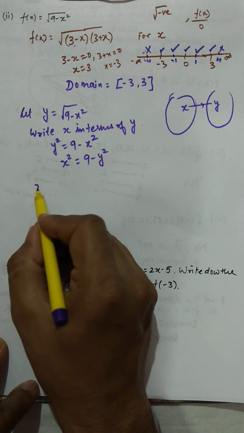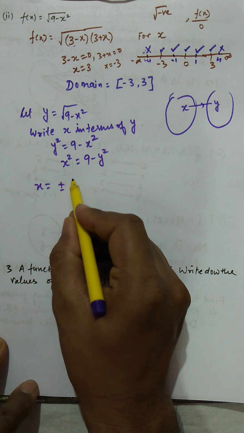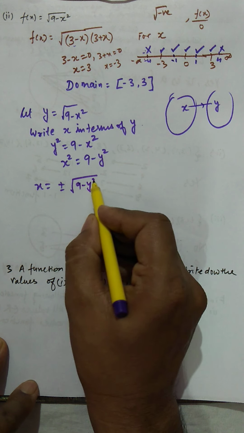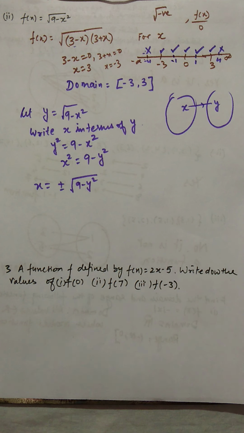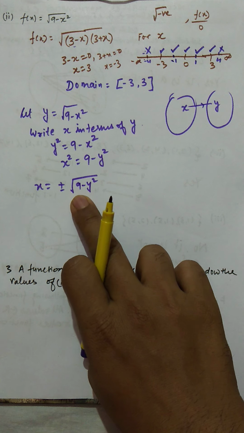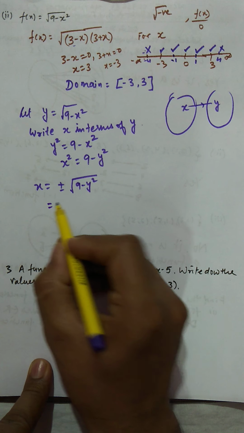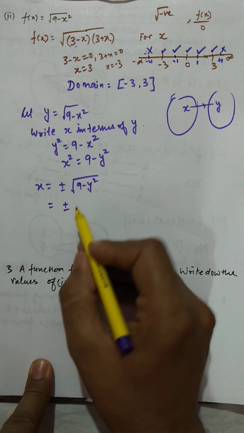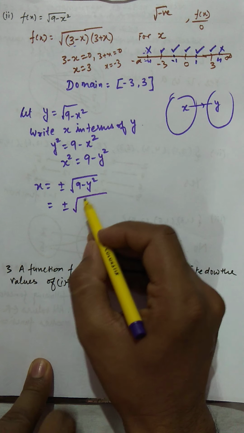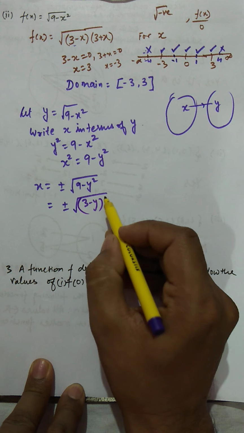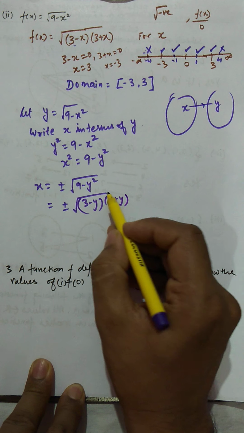So your x is going to be plus minus under root 9 minus y square. That can also be written as 3 minus y and 3 plus y.